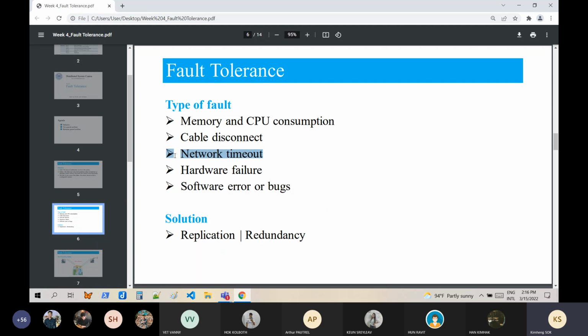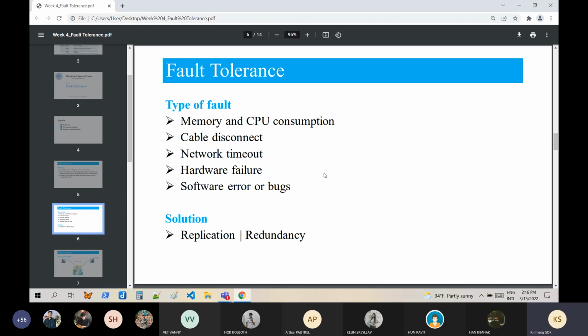Hardware failure, for example the hard disk burns. Software error or bug, which sometimes depends on humans: you write some code, that code produces an error which causes your system to fail. So we have a lot of fault types, depending on hardware, software, network, memory, CPU, and so on.